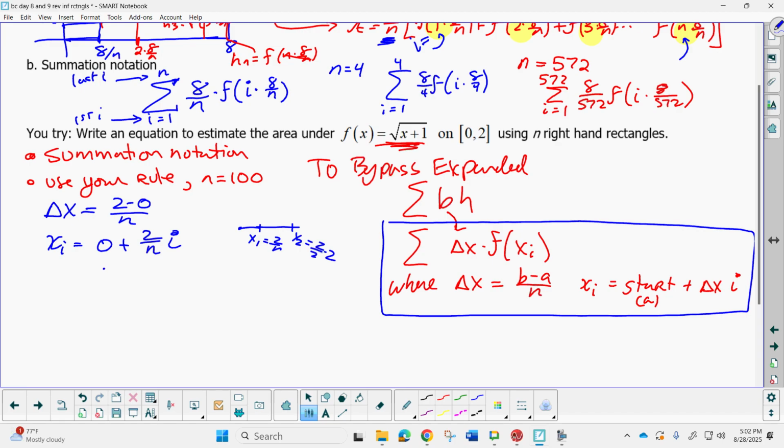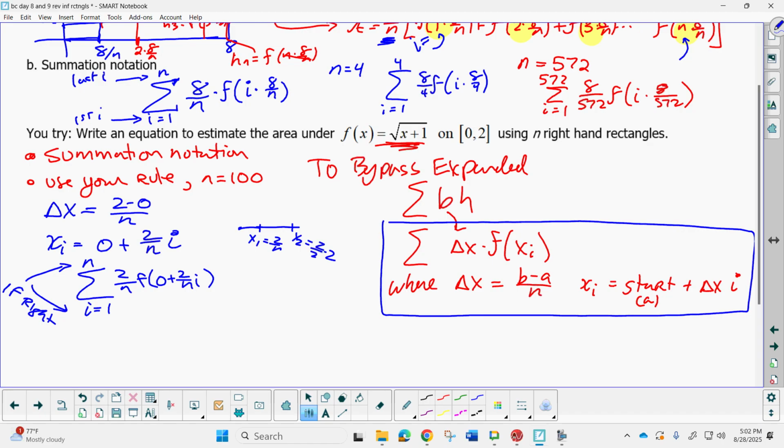So if I wrote this here, it would be starting from i equal 1 to n. That's always the case if there are right rectangles. It goes from 1 to n. Delta x is 2 over n. And the f at which you draw your heights is 0 plus 2 over n, i times.